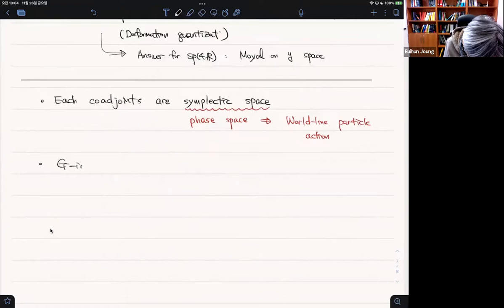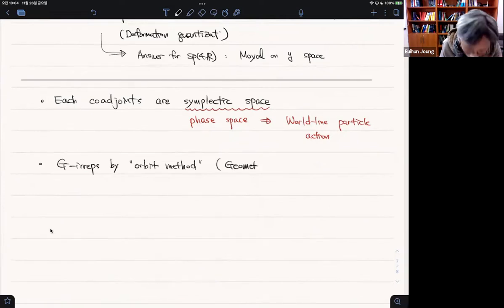Actually, we will talk about irreducible representations related to this Coadjoint orbit. This is what is called the orbit method, essentially. Typically, one way to get the representations out of a Coadjoint orbit, or out of any symplectic space, is what is called geometric quantization.